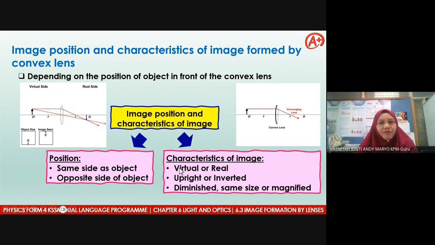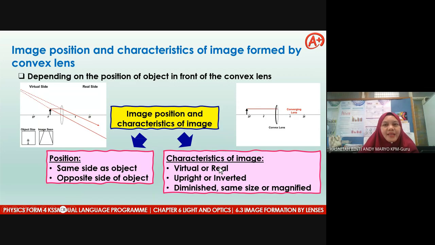If the image is formed at the same side of the object, we call it a virtual image. You can see the black color is the object and the blue arrow is the image. So formed at the same side, we call it a virtual image. If formed at the opposite side like this, we call it a real image.